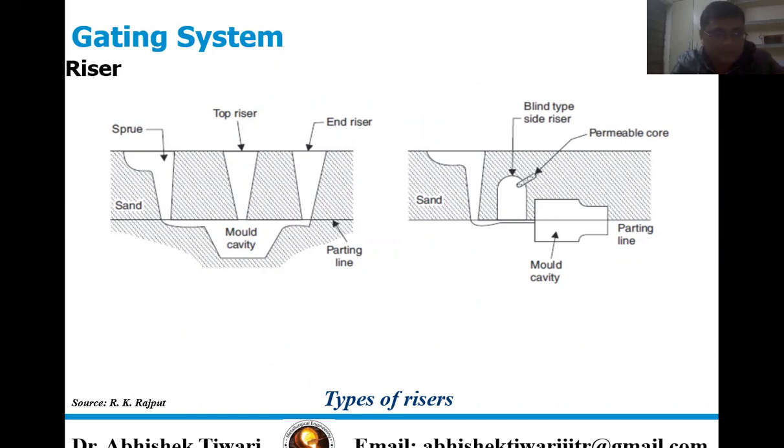It is a hole cut or molded in the cope to permit the molten metal to rise above the highest point in the casting. There can be various types of risers like top riser, dead or cold, side riser, live or hot, open riser, blind riser.